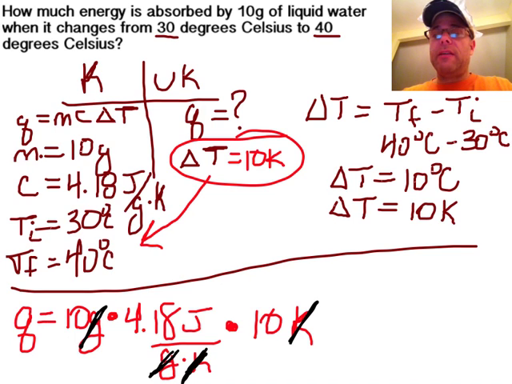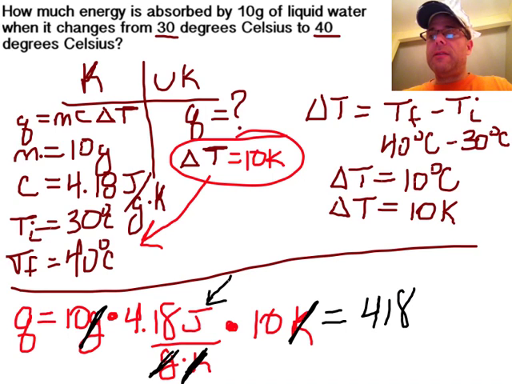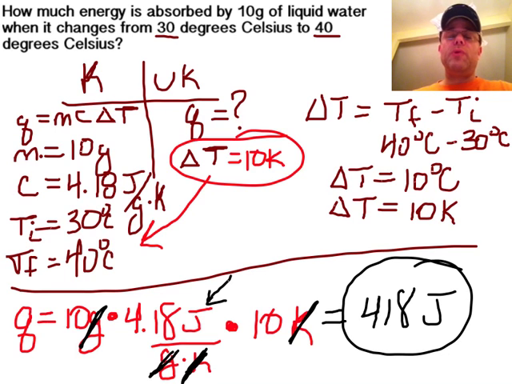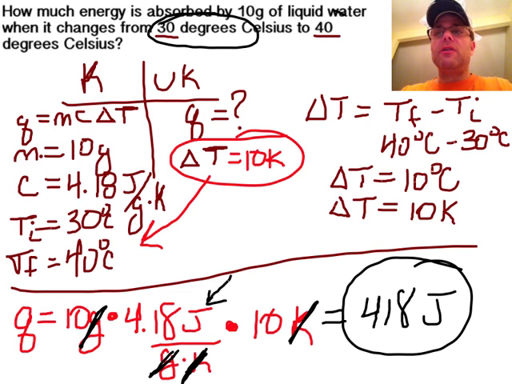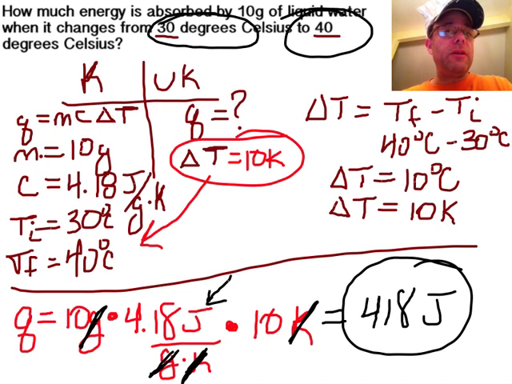Our last unit standing is going to be joules. So what is 10 times 10 times 4.18? It is 418 joules. So that is the amount of energy that will be required to be absorbed by the water to make it change from 30 degrees to 40 degrees Celsius for 10 grams of that water.